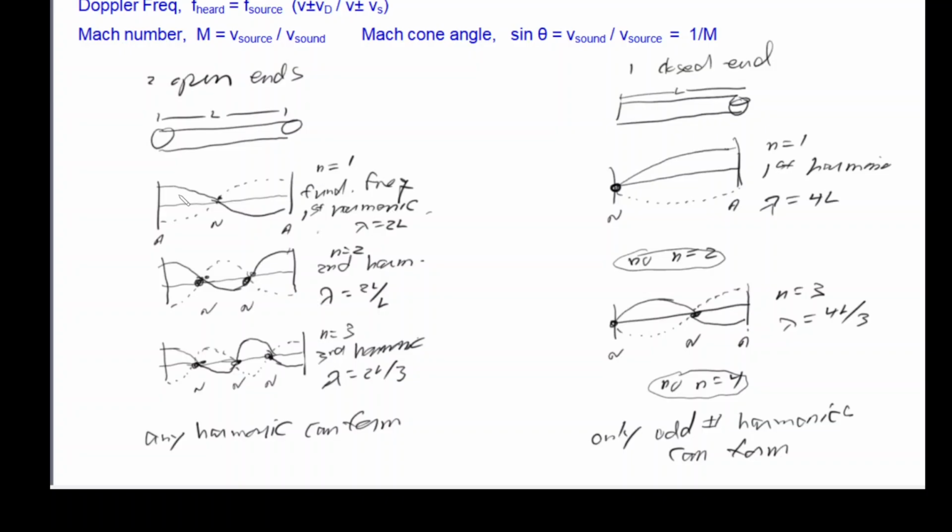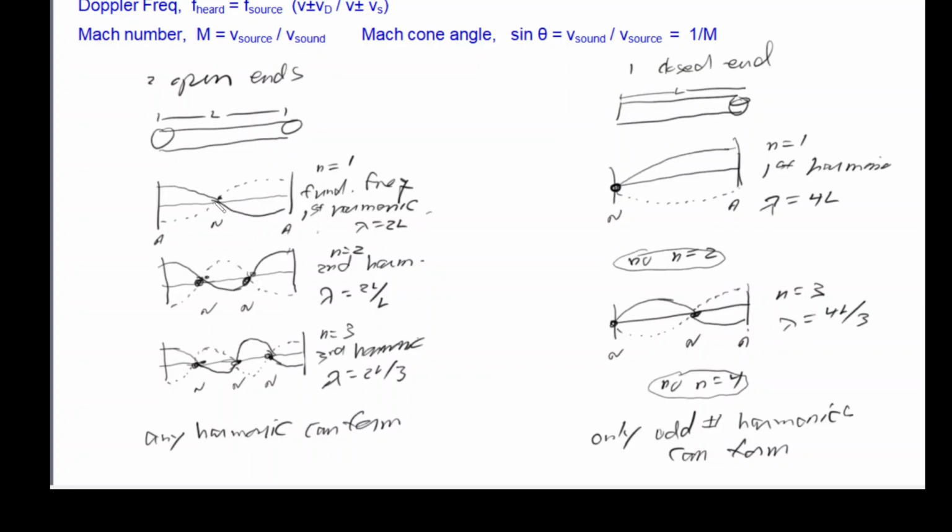The harmonic number n equals 1, which is the fundamental frequency or first harmonic. You can see that in this pipe of length L, there is half a wavelength. So L is equal to half a wavelength, so a full wavelength is equal to 2L.